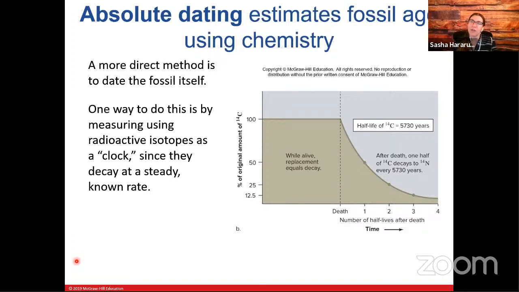So scientists need to adjust for this spike in carbon-14 from the 40s to the 60s. It's easily done, but it's something to keep in mind that carbon-14 in present living organisms is not technically the same as it was in organisms 50,000 years ago.